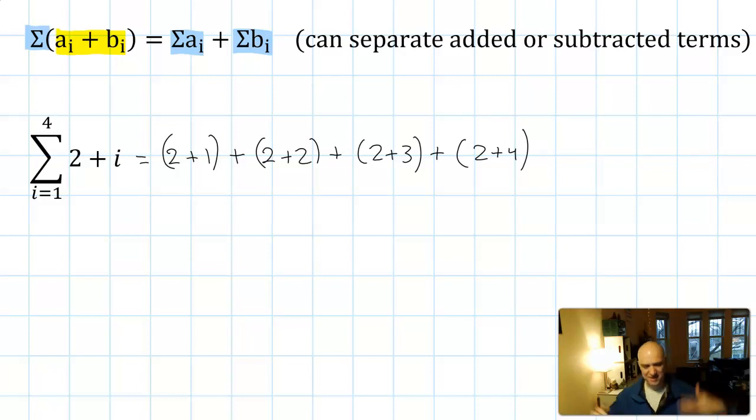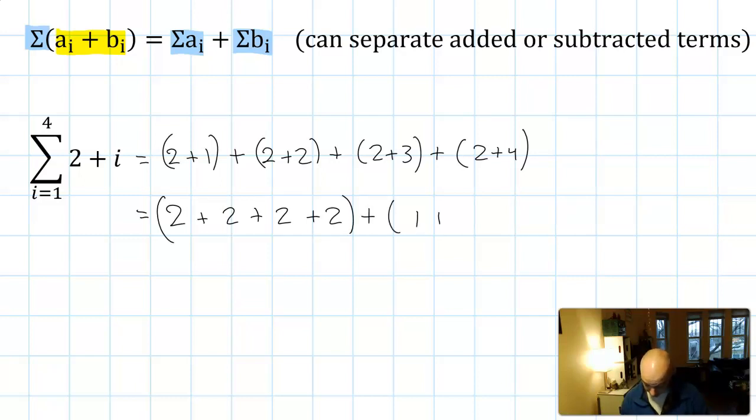Well, those parentheses, other than showing what term we're on, are completely unnecessary. And addition is commutative and associative. So I could write this as 2 plus 2 plus 2 plus 2 associated with 1 plus 2 plus 3 plus 4. Just regrouping and moving things around.